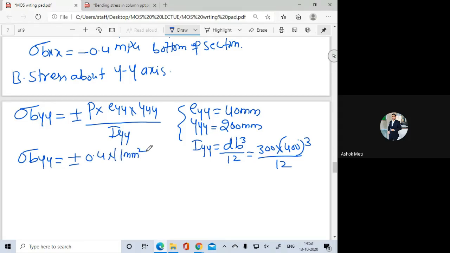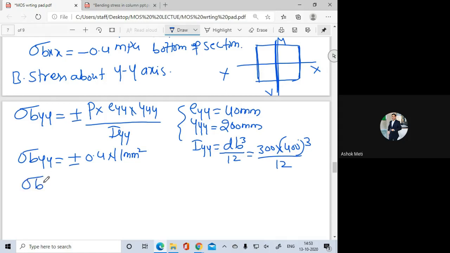mm square. Again, here we are calculating with respect to the y. So this is a section, this is y, this is y, this is x. Now you can see here with respect to this y, this will be the right side, this will be the left side of the section.